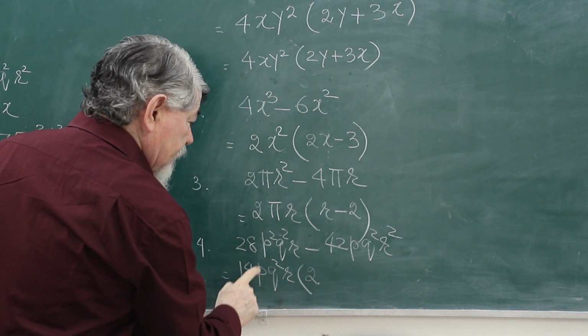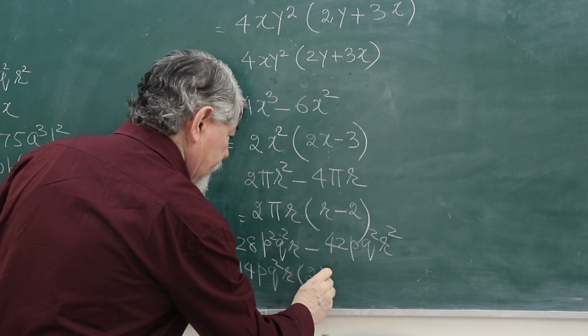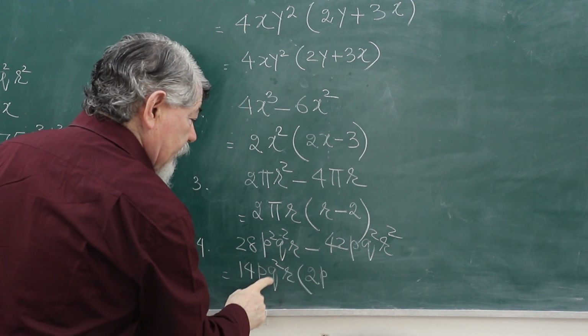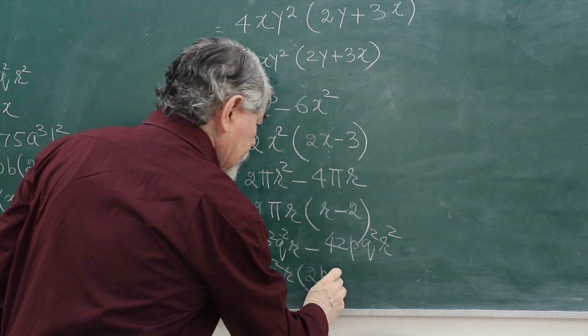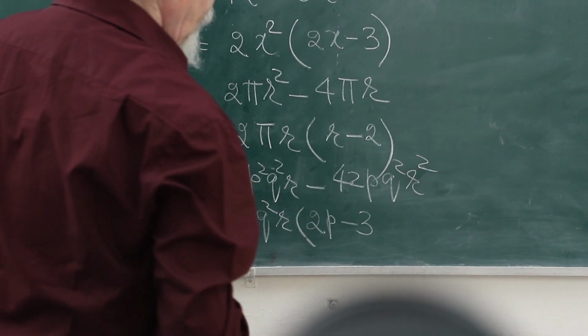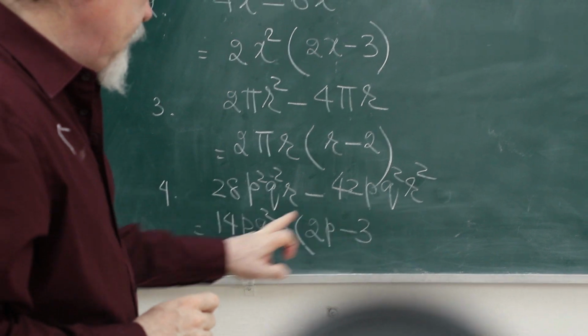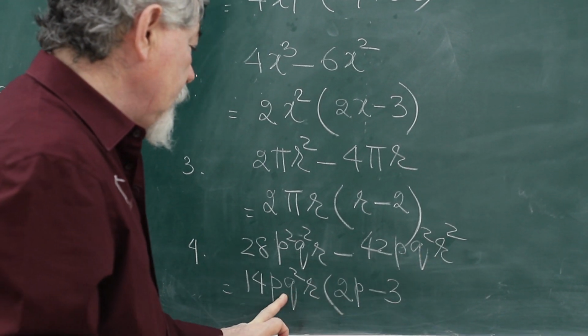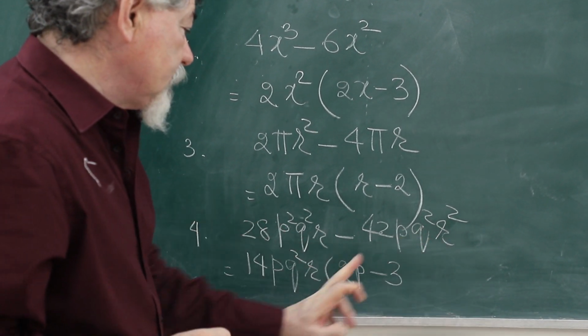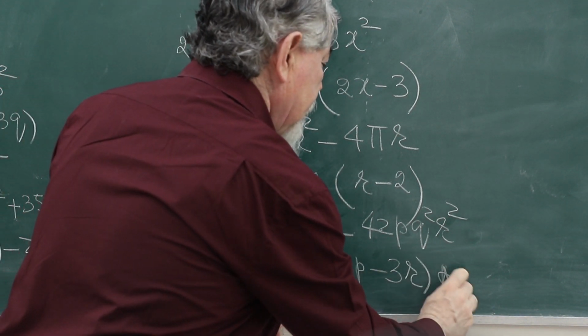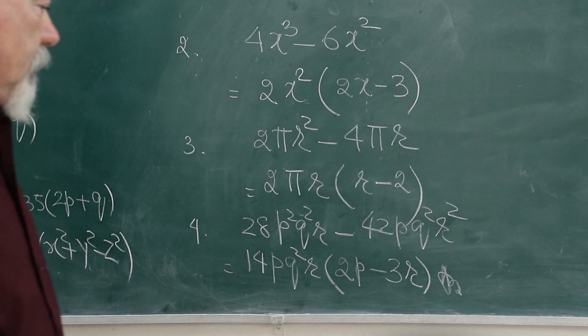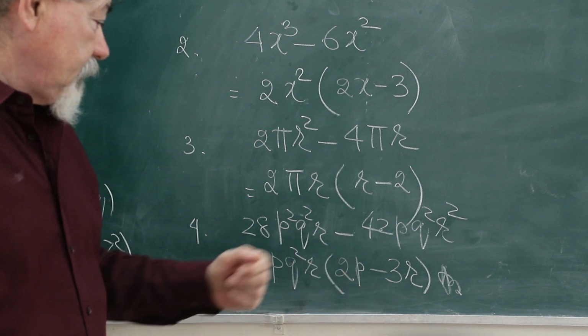P has gone from here, so only 1p will be left. Q square has already gone, r has already gone, so you are left with 2p. Minus 14 3s are 42. P has gone here, Q square has gone here. Out of r square, r has gone, so 2p minus 3r. These are your answers. So you have these factors.